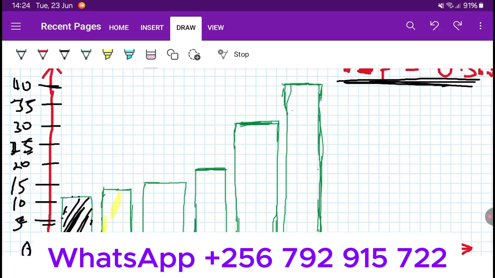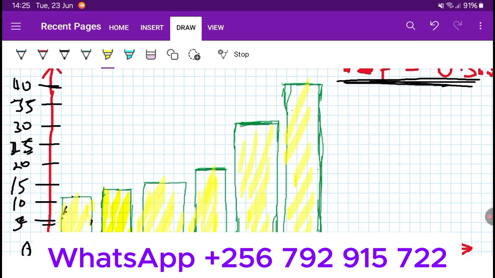Maybe let me use one color that we have not used. Let me use yellow to shade this, because I can't use blue. The graph seems to be blue already. So you can shade them like this. Even this, I shade all of them using the same color.